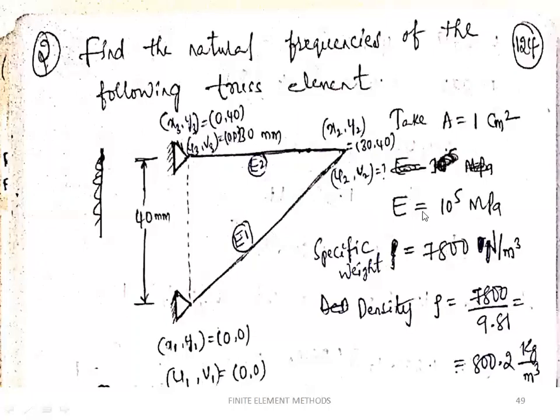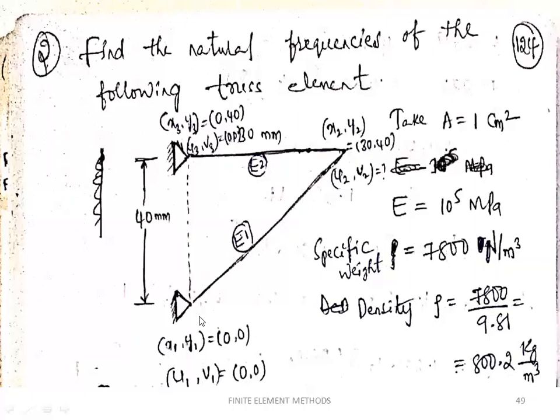E is Young's modulus of element 1 and element 2, both the same, 10 to the power of 5 megapascal. The specific weight for element 1 and element 2 is 7800 Newton per meter cube. Therefore the density can be calculated by dividing by 9.81, and you will get 800.2 kg per meter cube.